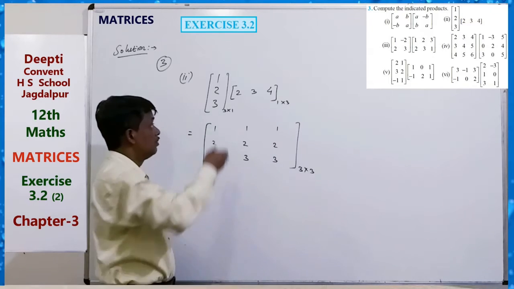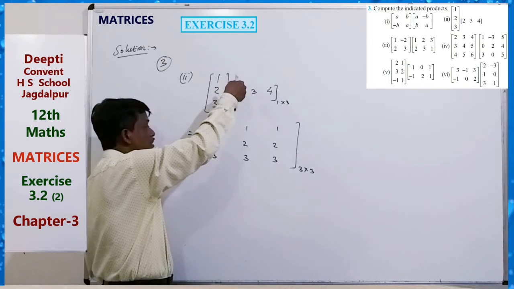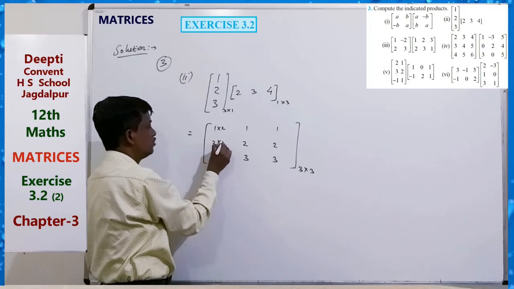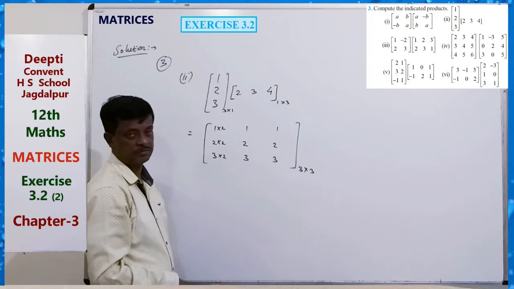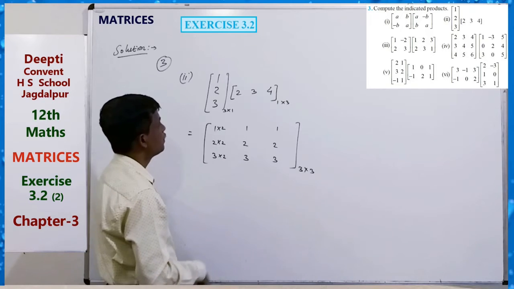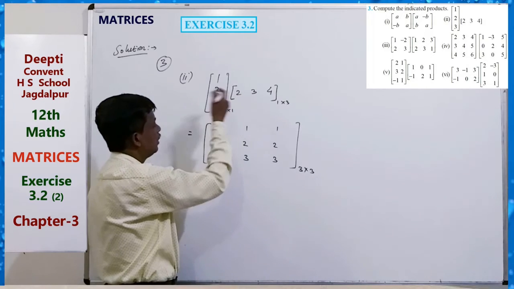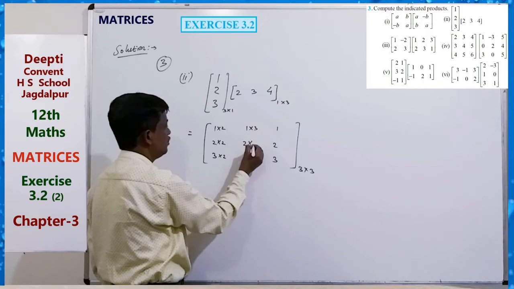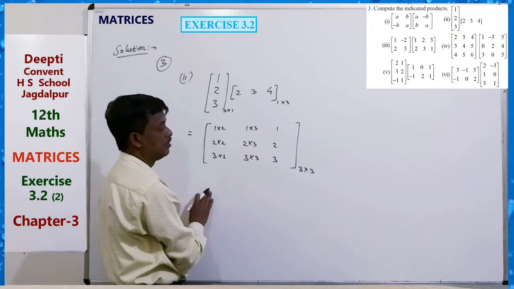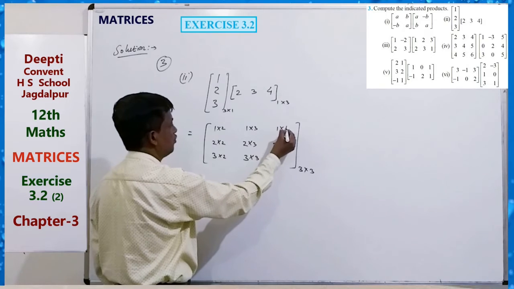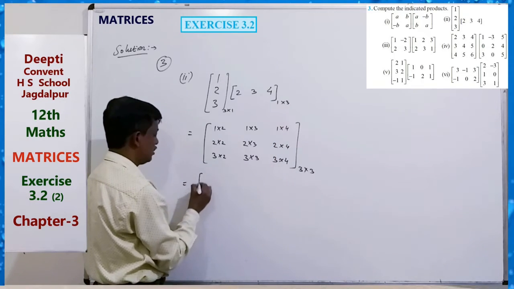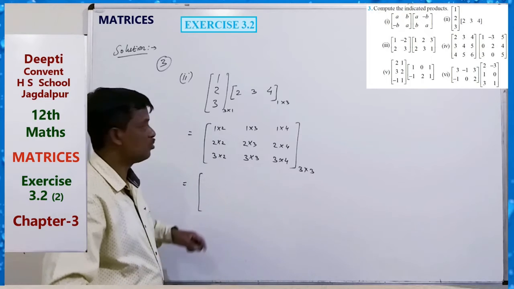Now the first column is multiplied by 2, 3 by 3, and 4 by 4. What is the rule?